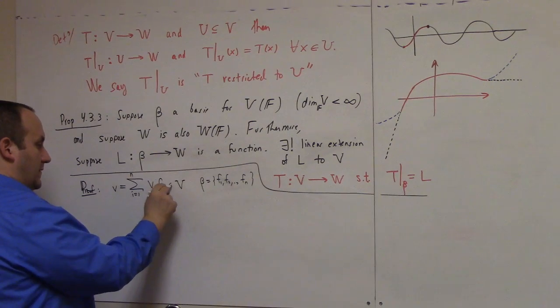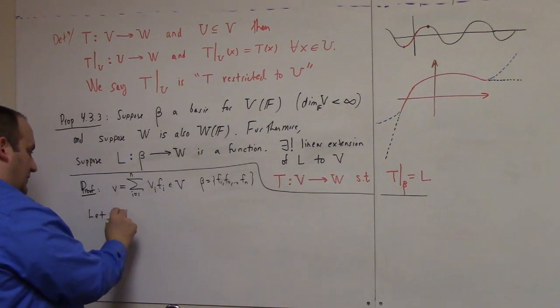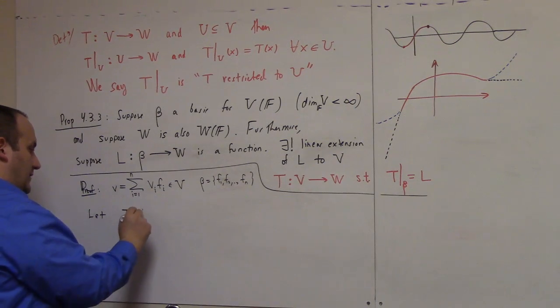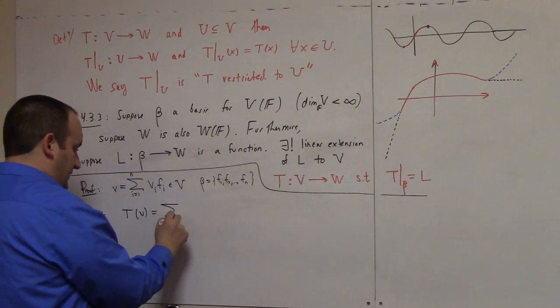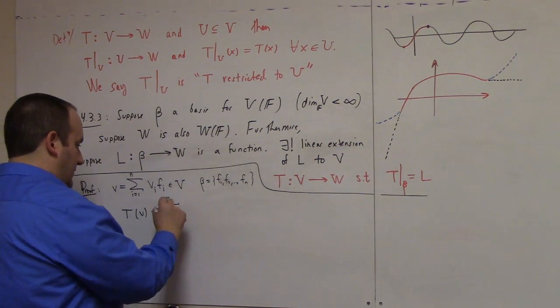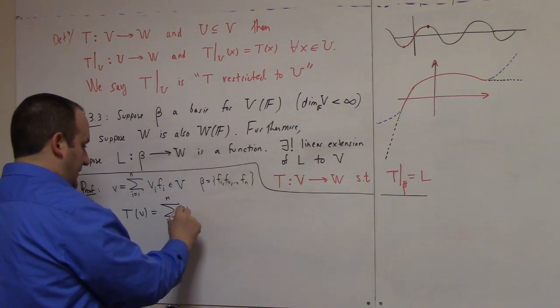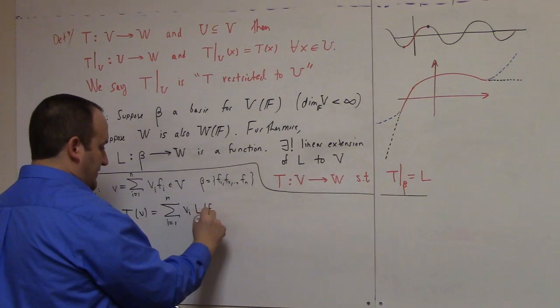So then I propose, let T of v be the sum, i equals 1 to n, of v_i times L of f_i. And I'll just use what's given, which is that L of f_i makes sense.